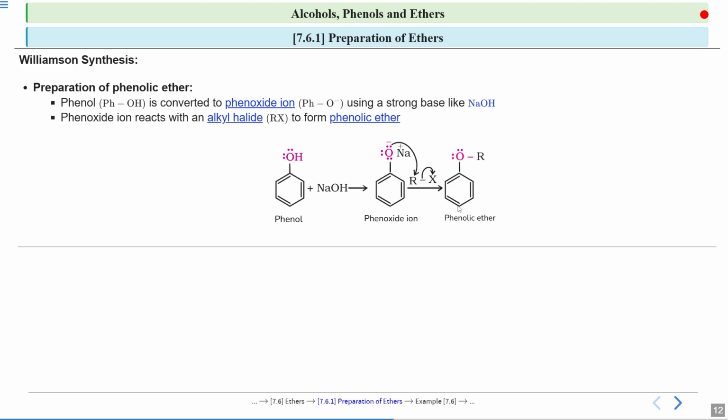This is a phenol ring to which an ether is being attached. So your phenol is converted to phenoxide ion using a strong base, which is sodium hydroxide, and then this phenoxide ion reacts with your alkyl halide. Na plus and X minus leave and you get your phenolic ether.